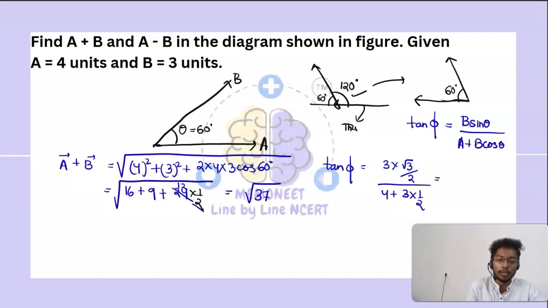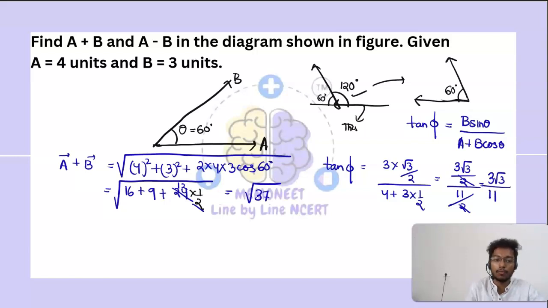On solving this, we have 3 root 3 by 2 upon 8 plus 3, that is 11 by 2. So 2 and 2 cancel out. So 3 root 3 upon 11 is tan phi.